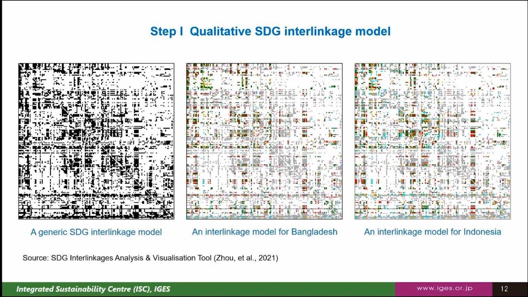The generic model defines the structure of the interlinkage model for 169 targets, and the country models present quantified interlinkages tailored for each country. The colors in the country models indicate strong or weak, positive or negative linkages based on the correlation coefficients.